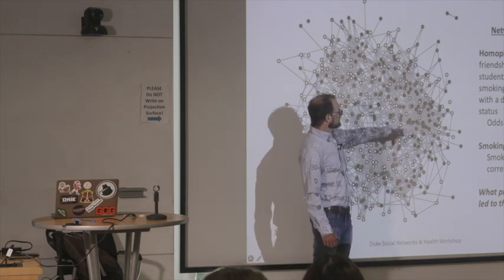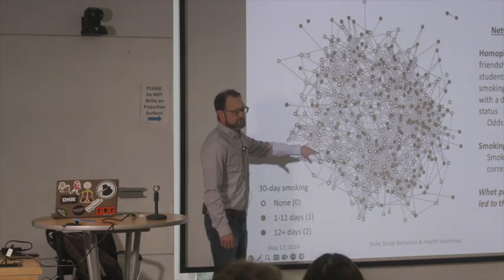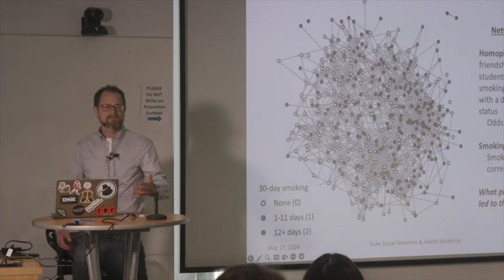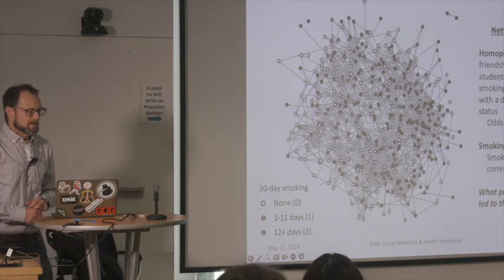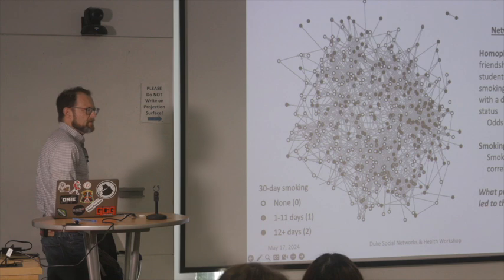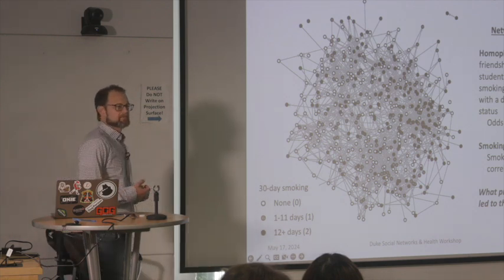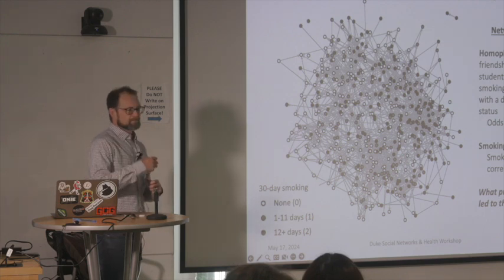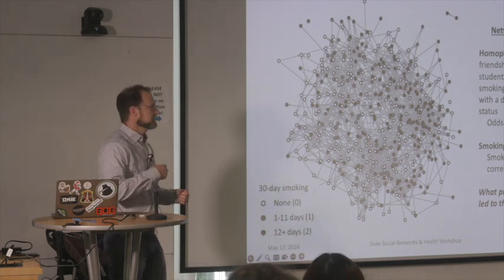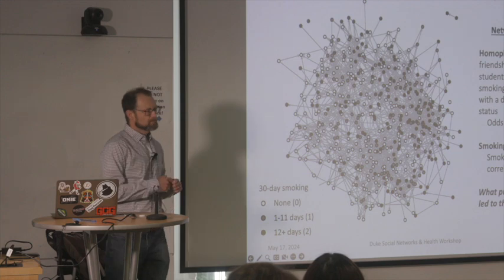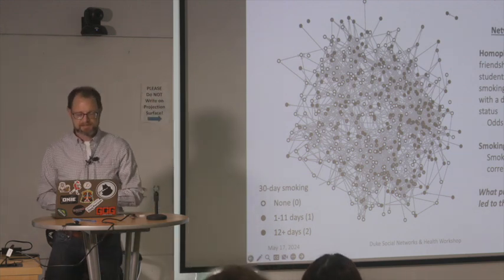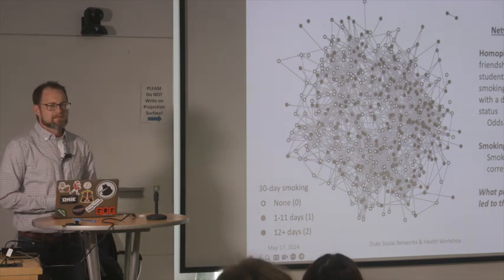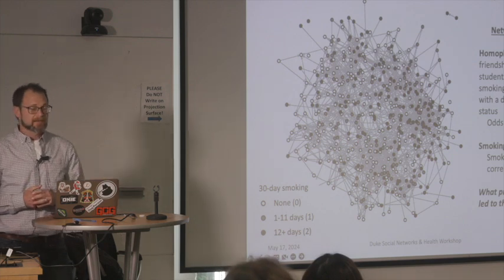Some darker nodes over here, some lighter nodes over here. That's a hint that there is some homophily. If we calculate an odds ratio, the odds of two smokers being connected versus smokers being connected to non-smokers, we get a 1.5 odds ratio, which is a decent indication that there's some assortativity on smoking.